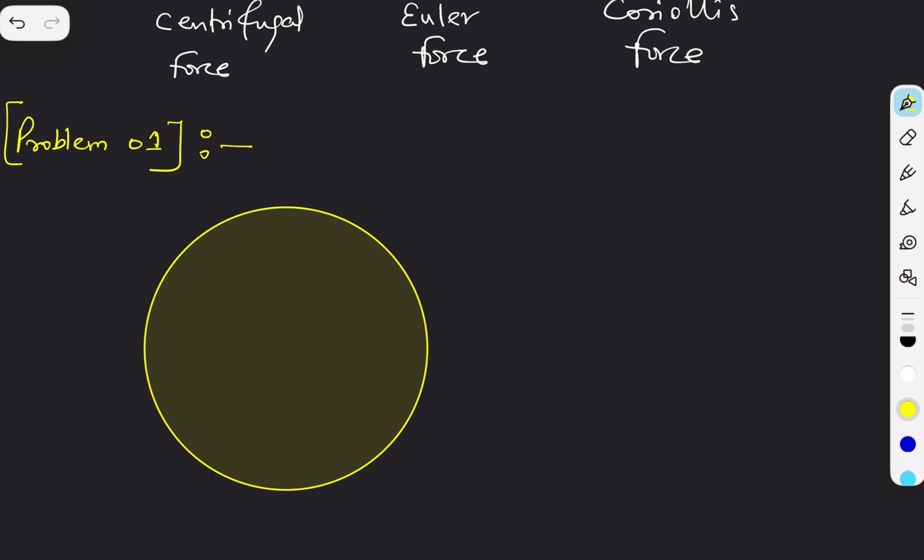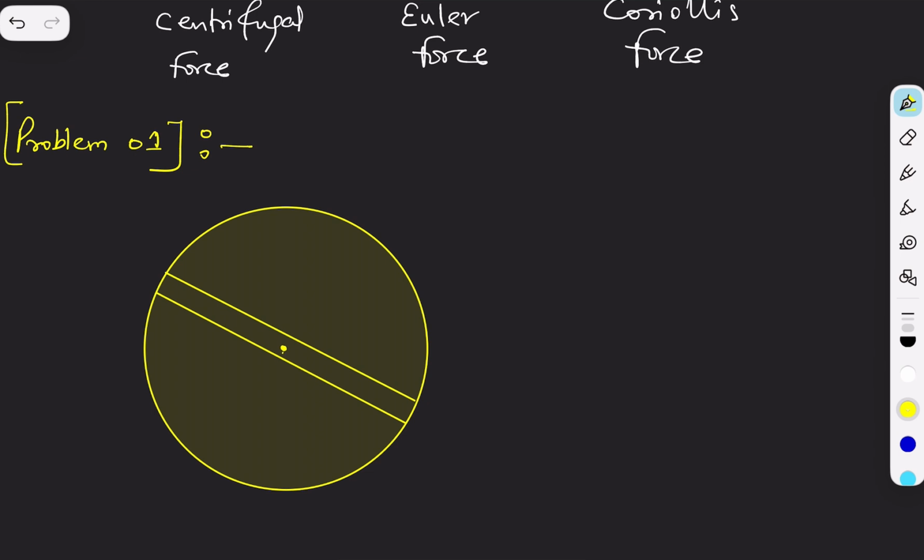So here, this is a groove, guys. Let me put it a little bit properly. I think now it looks fine. This is a thin groove that we are having, and this is its center.